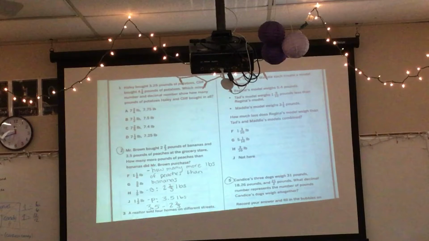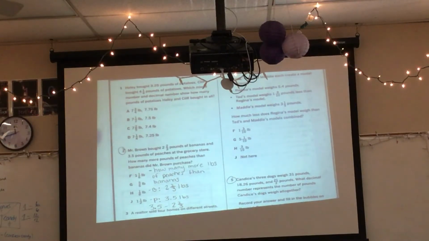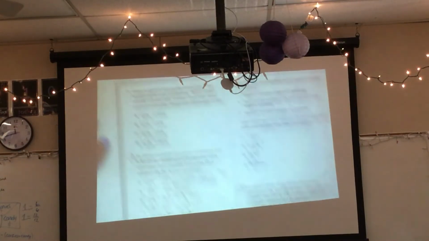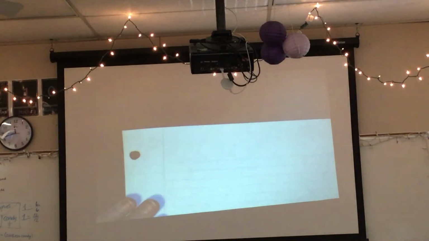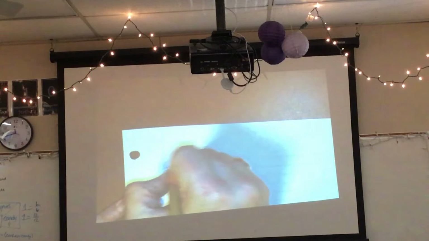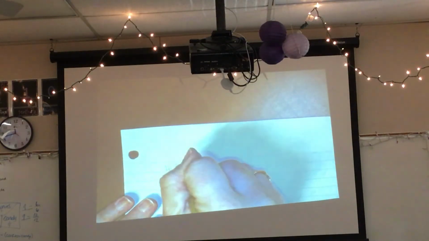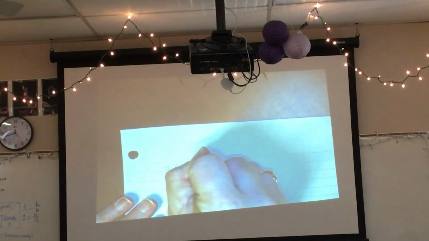Okay. So you're probably going to need more room. So if you'll get out your station spiral, I'm going to do my work for this problem on my piece of paper. So I'm going to put number 2, and I'm going to write down the problem we're solving.